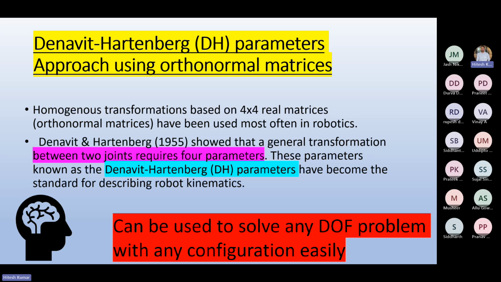So in this approach, between two joints, see the part highlighted in pink, we'll take four parameters. Between any two joints, four parameters will be taken, and those four parameters will be used to do the calculation of the positions.